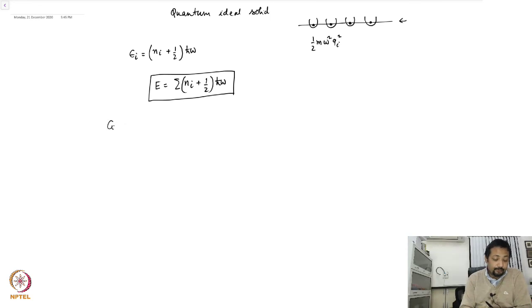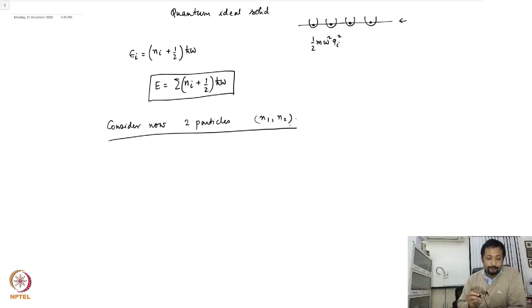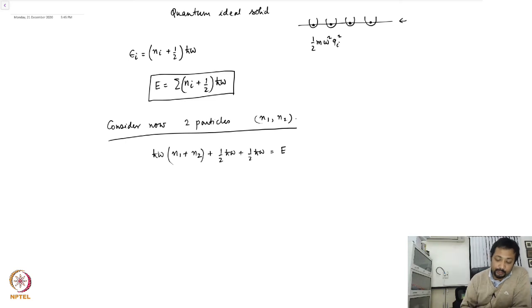Consider now two particles which are characterized by n_1 and n_2. So now we have (n_1 plus n_2 plus half plus half) h bar omega equal to the total energy. This has to be multiplied by h bar omega.